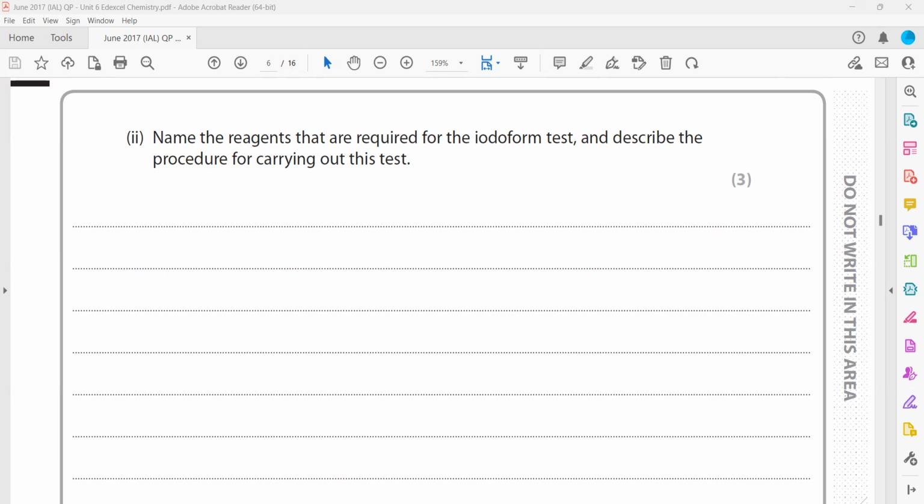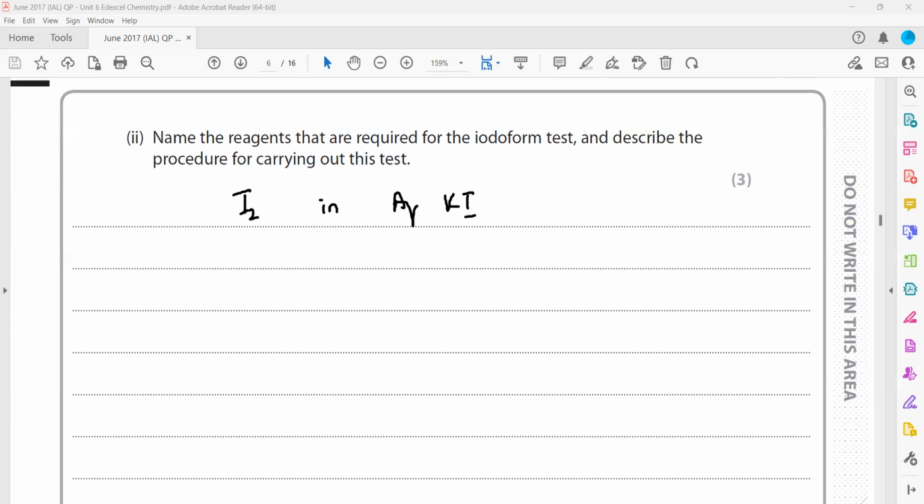The iodine solution in aqueous potassium iodide is mixed, and we add alkali to iodine until the brown solution turns colorless.